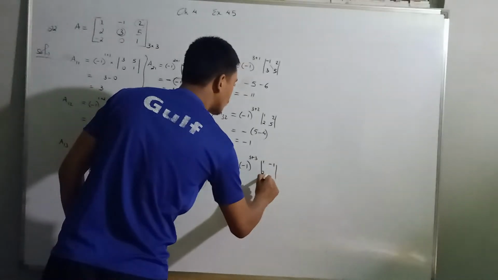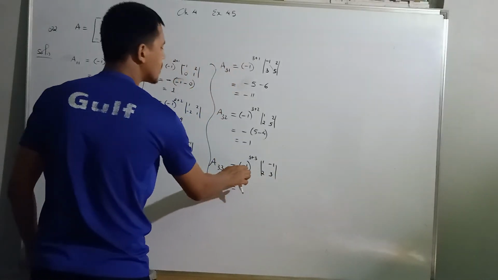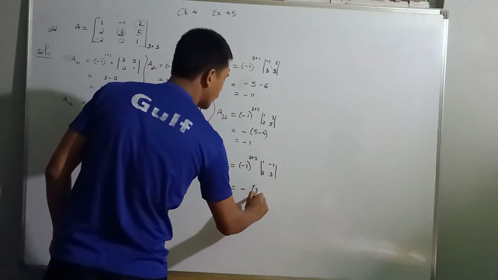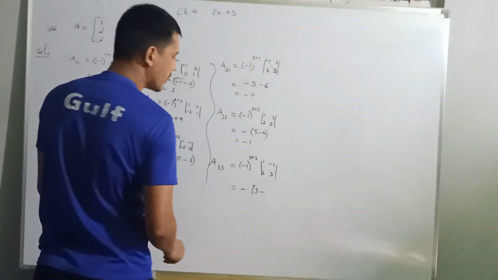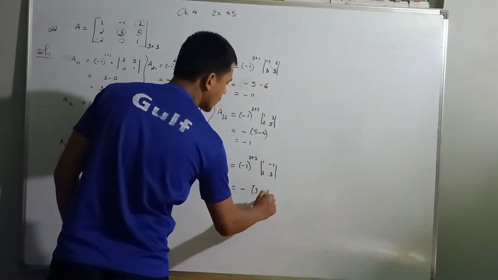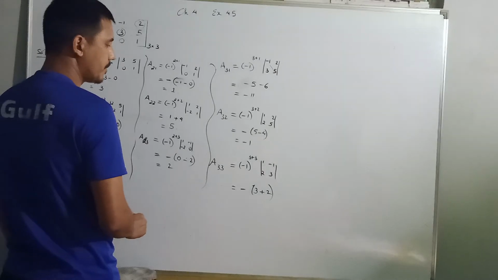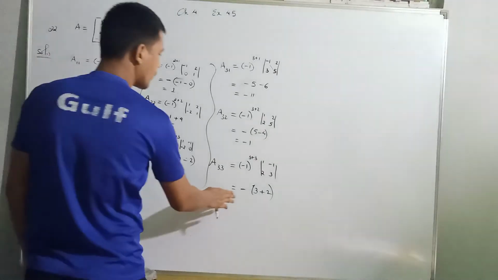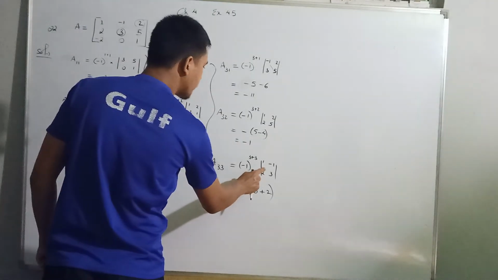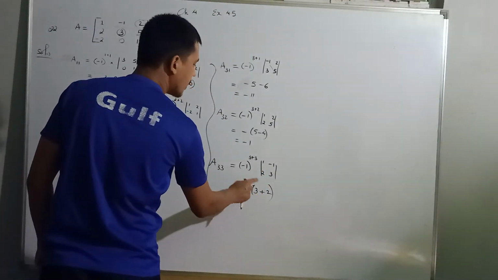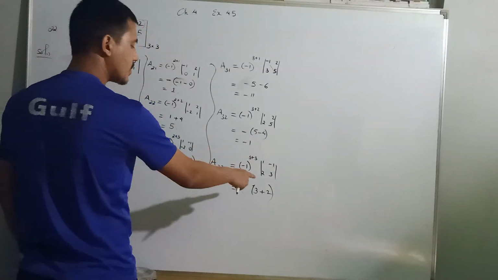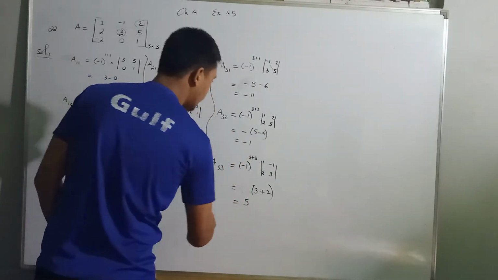So minus 1 to the power 6 is positive. 1 times 3 is 3 minus, and then 2 times minus 1 is minus 2, so minus minus becomes plus. That is how much now? 5.